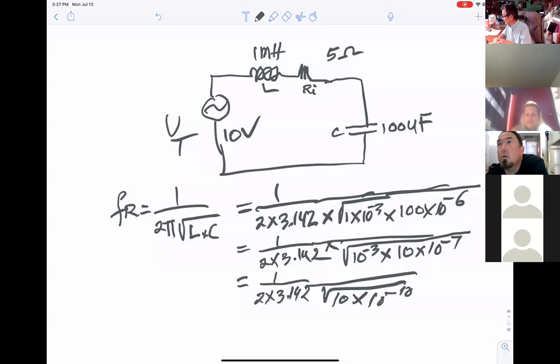Make sure you get an even power so you can take a square root. Normally, I don't expect you to do this calculation.